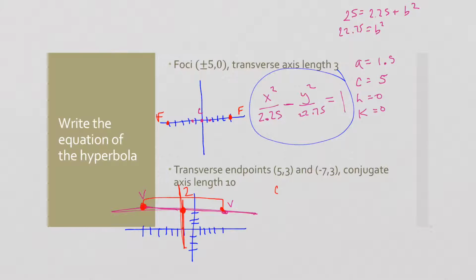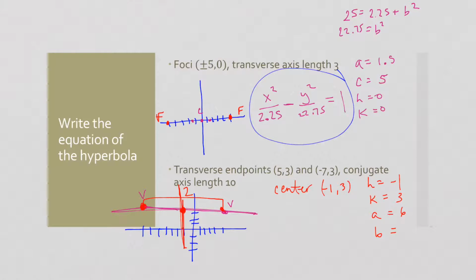That makes our center at -1, 3. So now we have h equals -1, k equals 3. We need a and b. Well, the distance from the center to a vertex is a, and that distance was 6.